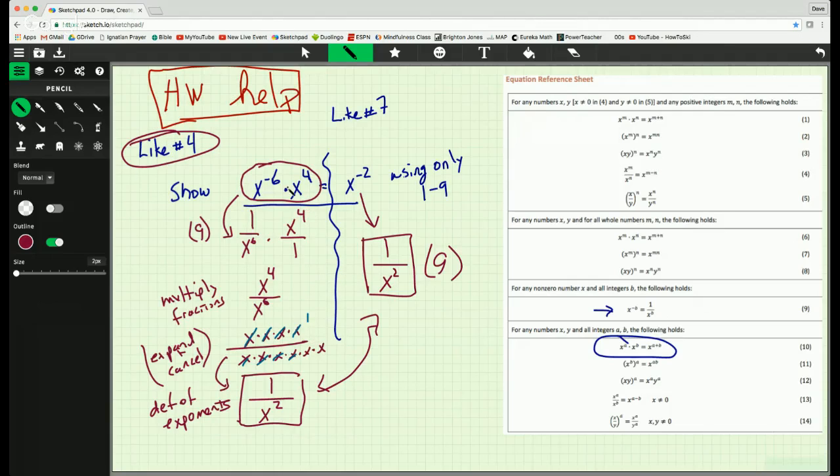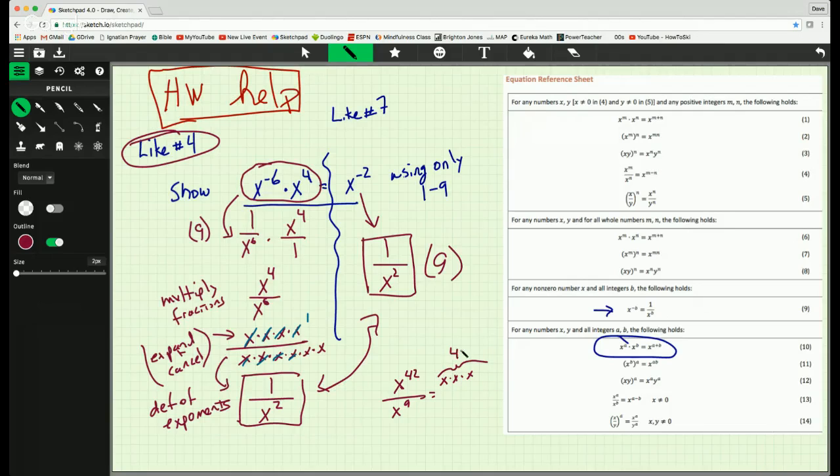And remember, when you're showing this, if these numbers get really, really big, like when we expand in this step and we have 42 x's, you can just say x to the 42 over, say, x to the 9 is equal to x times x times x, and you could do something like this.